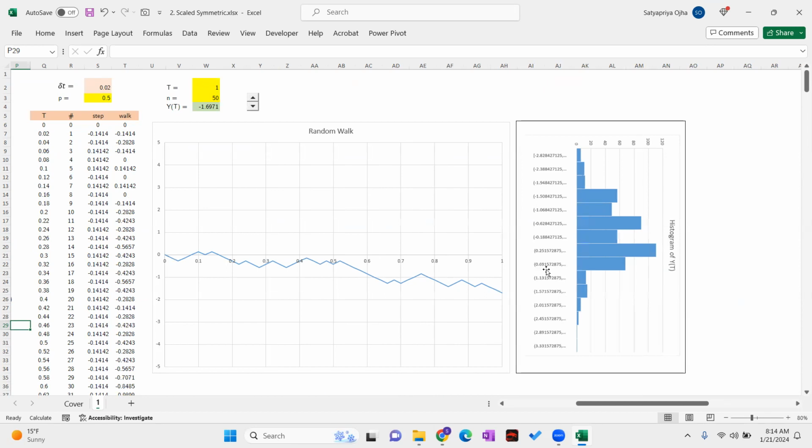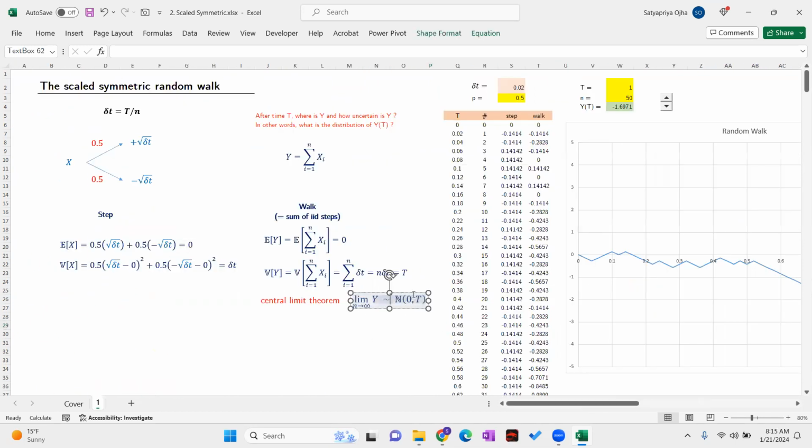More and more extreme values were likely. Here, that is not the case. Here, you are increasing the number of steps, but the step size also you are controlling. It is getting smaller and smaller and smaller. Overall effect is still always this. All right. So that is scale symmetric random walk.